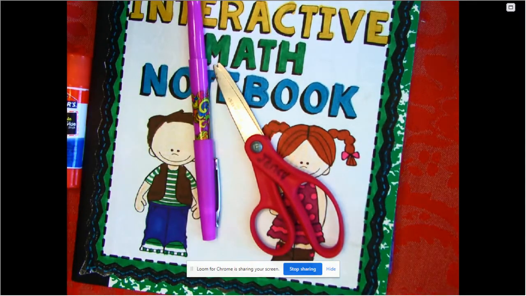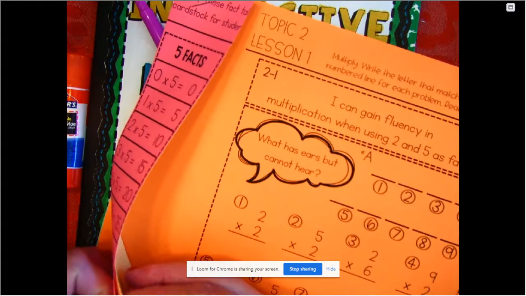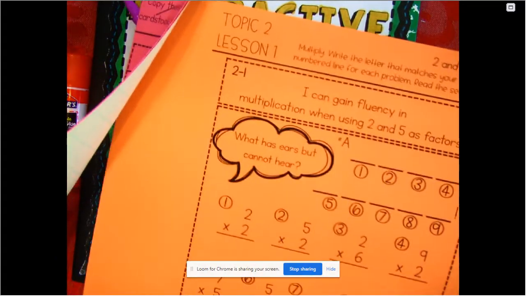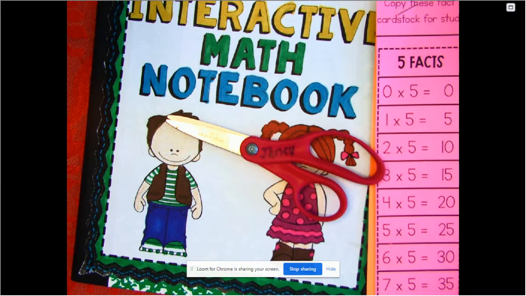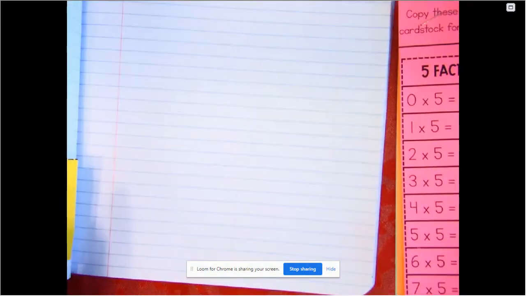And then in your packet, grab out this stapled page that has Math Facts 5 and Math Facts 2, and then it says Topic 2, Lesson 1. So grab all of those out. I'll give you a second to get that all out and get ready. Hopefully it's all in your bin, so it's not too hard to grab out.